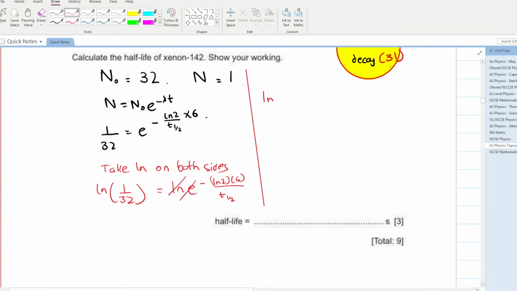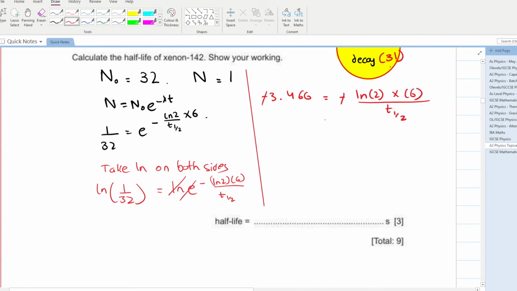ln of 1 over 32 is what? Let me calculate that. 1 divided by 32, this comes out to be minus 3.466, equal to minus ln2 multiplied by 6 divided by the half-life.